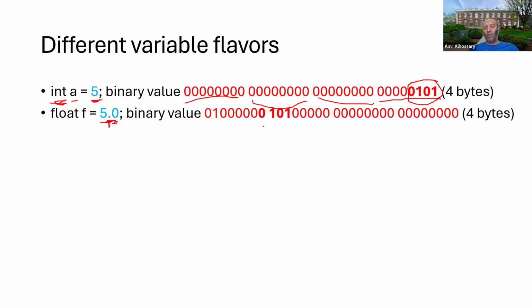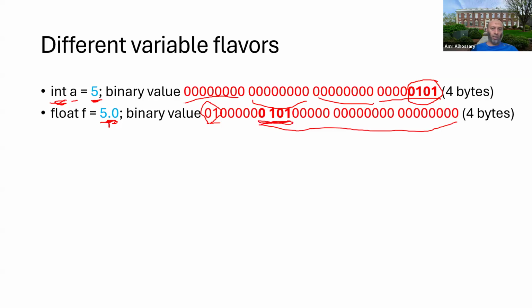This looks way different. We have here a component of the value we call the exponent, and we have the mantissa. So this is 5, but in this location, and this is the power.